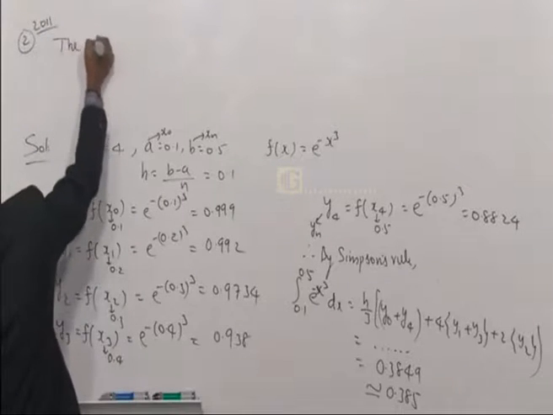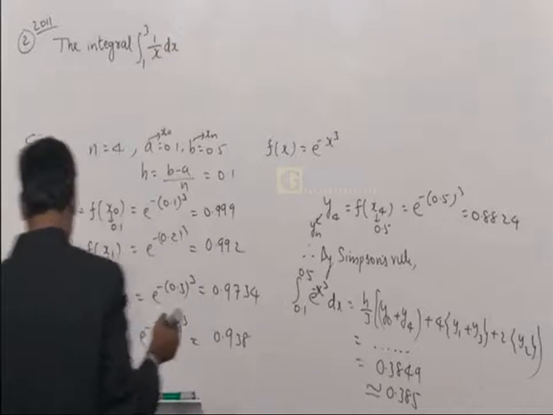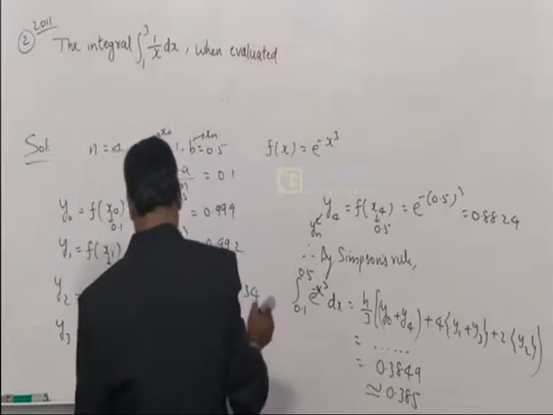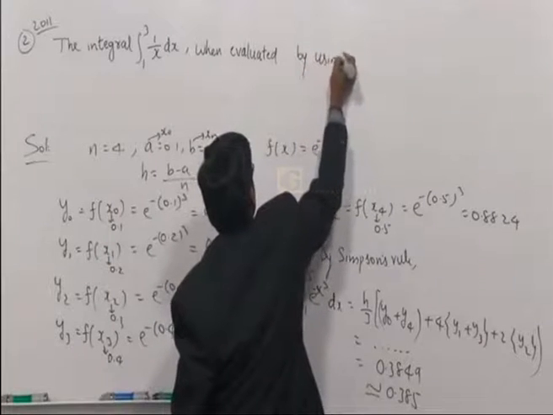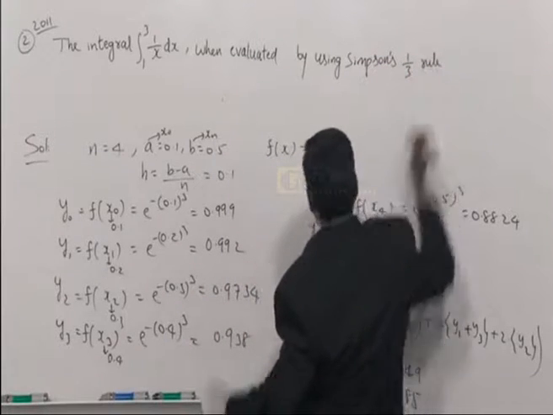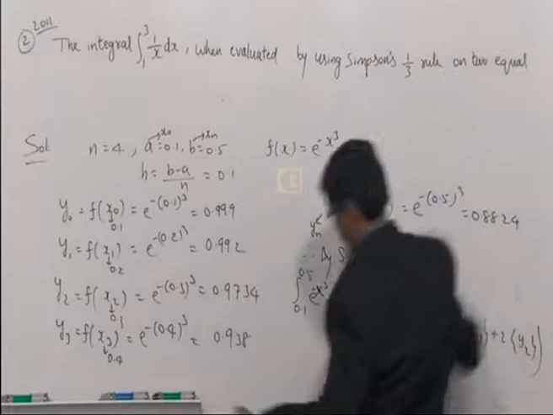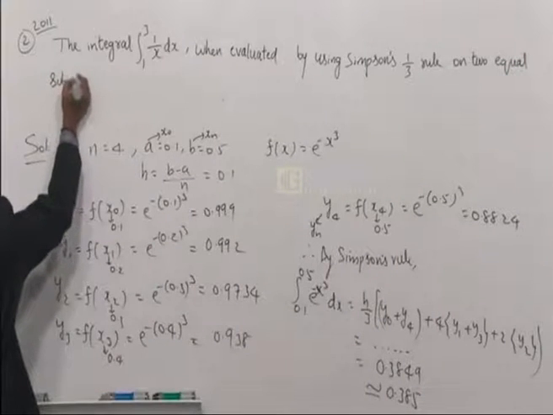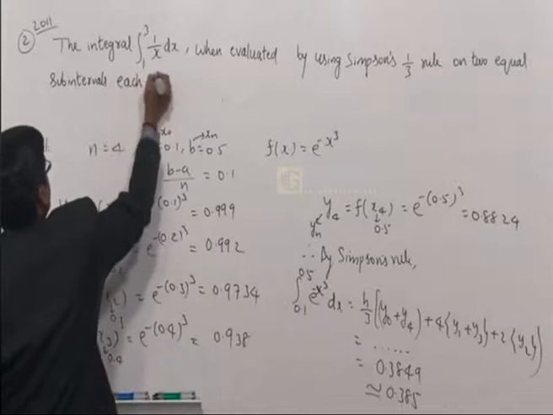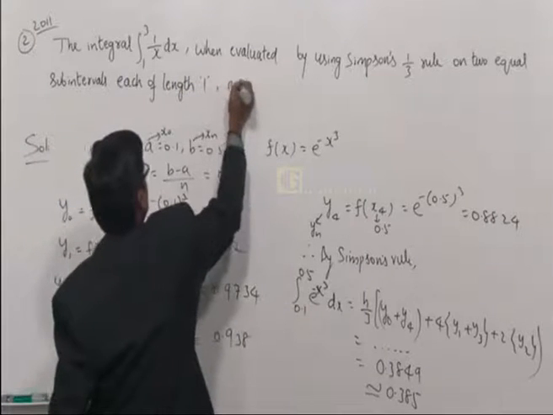The integral from 1 to 3 of 1 by x dx, when evaluated by using Simpson's 1 by 3 rule, that is 1/3 rule, on 2 equal subintervals, each of length 1, that is h equals 1.